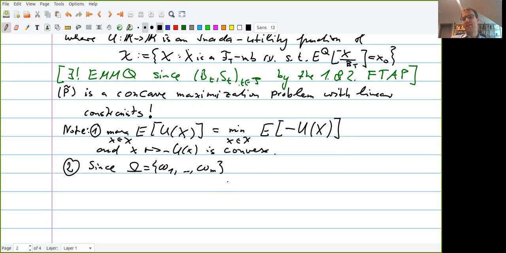And this brings us exactly into the setting that we can use real analysis, or here real convex analysis or optimization, to solve our portfolio optimization problem.